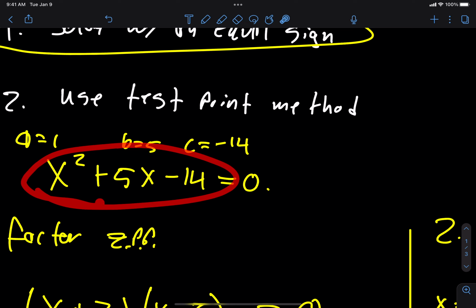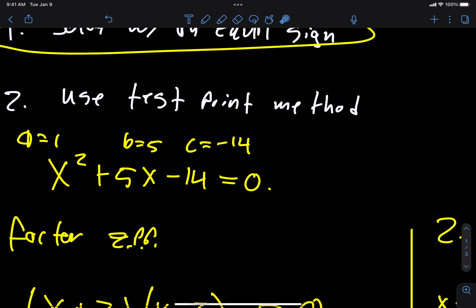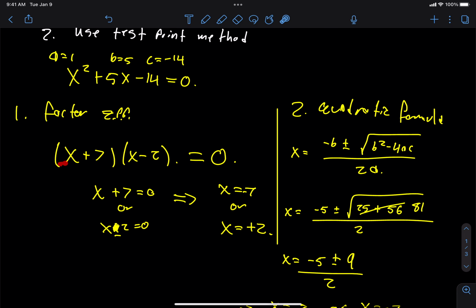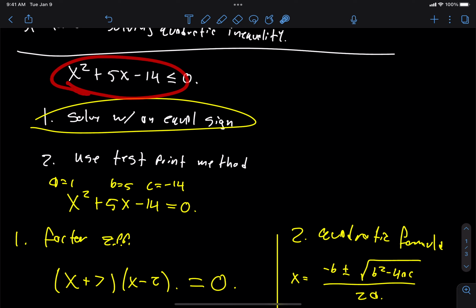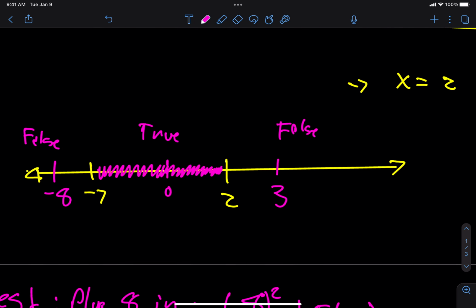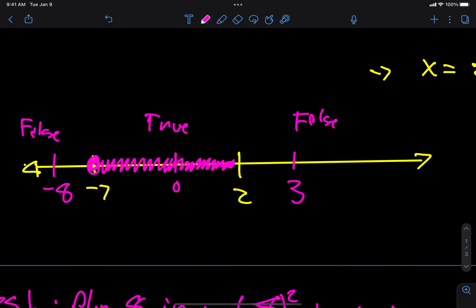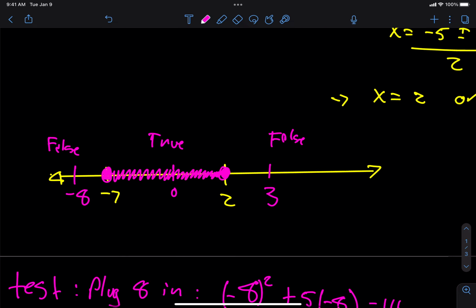It's going to be 0, right? Because that's the whole point of this process. We solved for all of the numbers where it's equal to 0. So is 0 less than or equal to 0? Yes, 0 is less than or equal to 0. So I'm happy to put a closed dot on -7 and on 2. Okay, so that's how we do that.